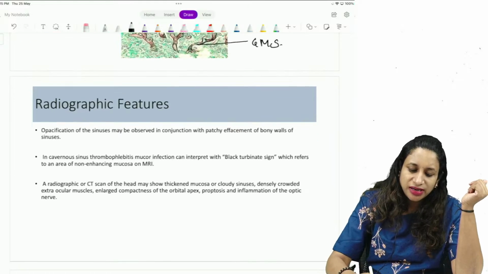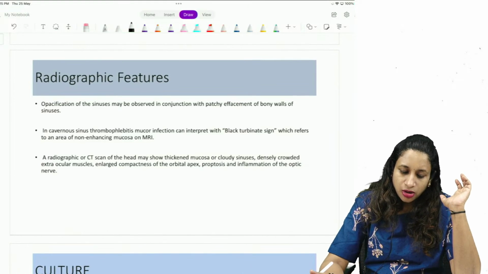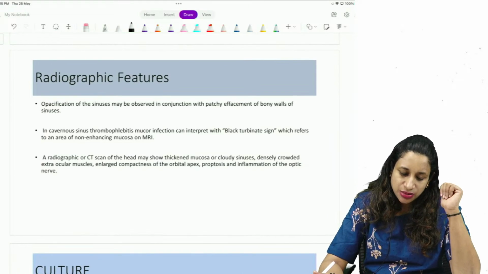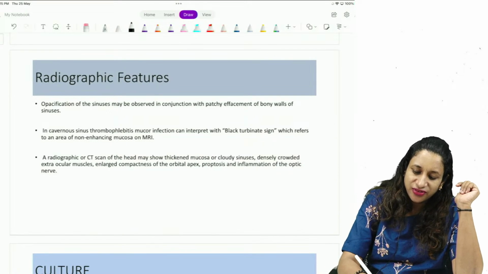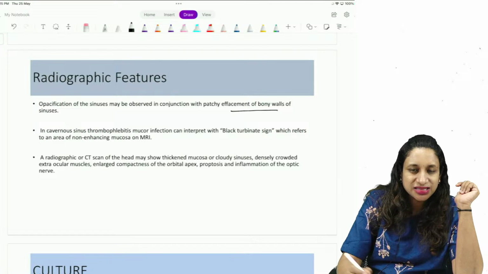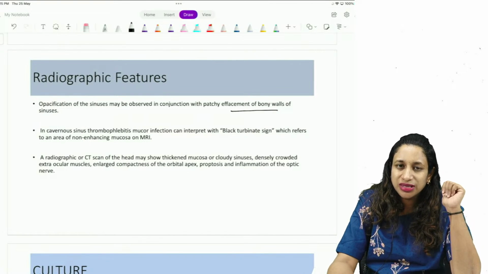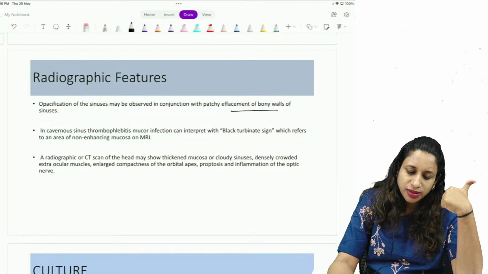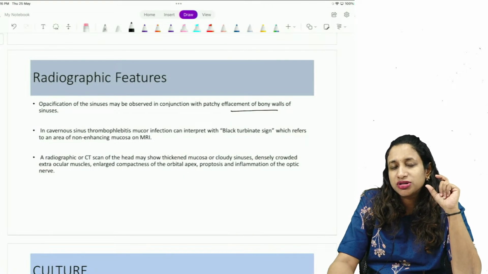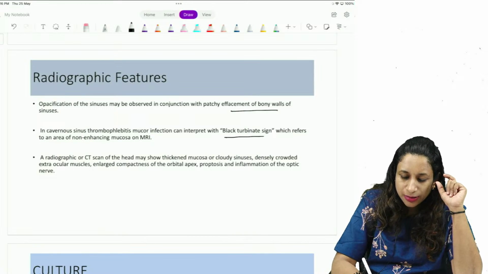Now coming to radiographic features, opacification of sinuses, one important thing that you have to remember, along with patchy effacement of bony walls of the sinuses. This is something that you need to keep in mind. Now in cavernous sinus thrombosis, mucor infection can be interpreted by what is considered to be as a black turbinate sign.